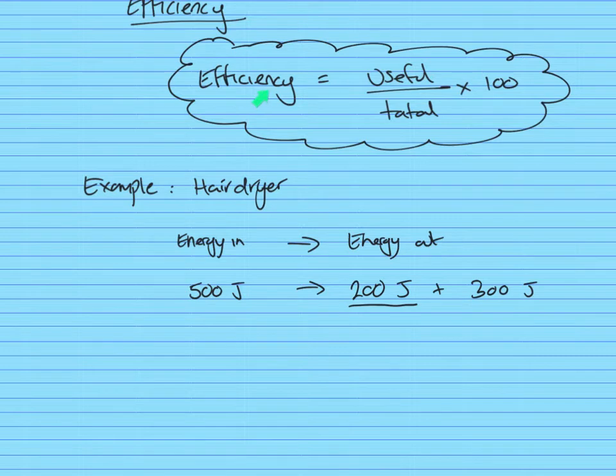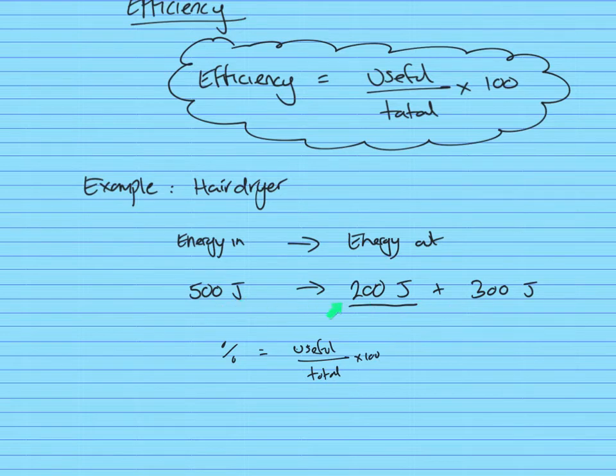Well, I'm going to use this equation. Efficiency equals useful over total times 100. This is how I generally write this: percentage equals useful over total times 100.